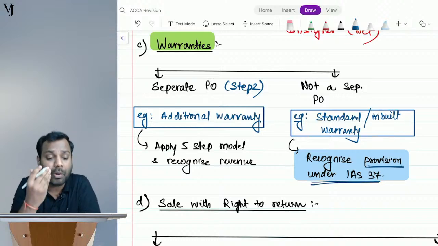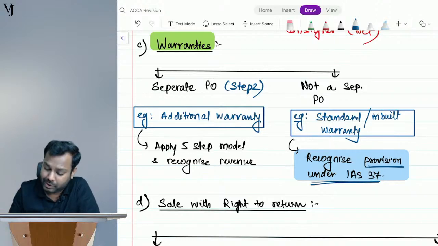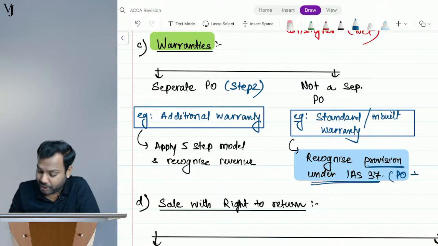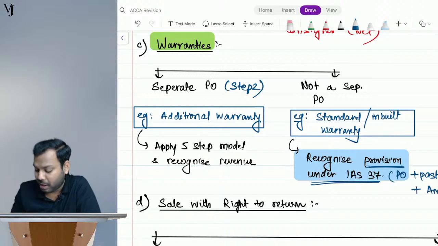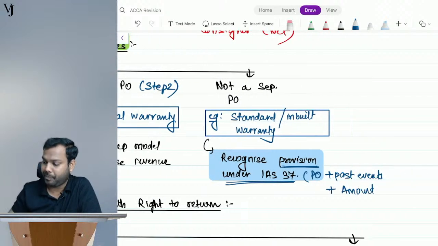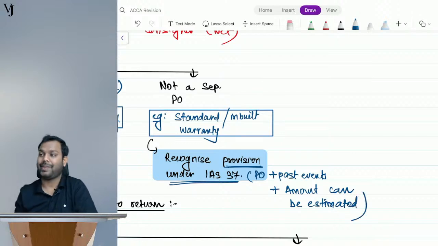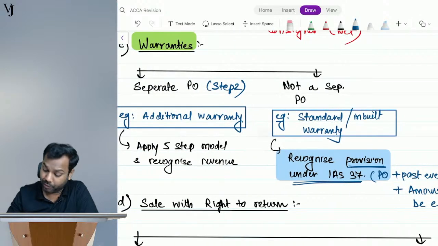Because this creates a present obligation, arising out of a past event, that is the sale. The amount of which can be estimated. And hence you have to create a provision under IAS 37. I believe warranties are clear to all of you now.